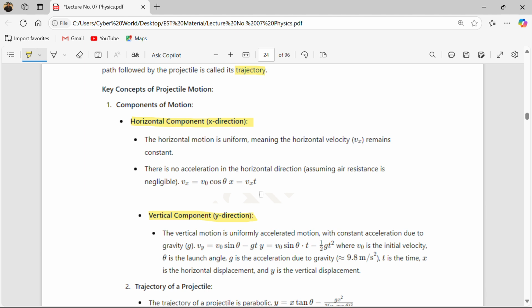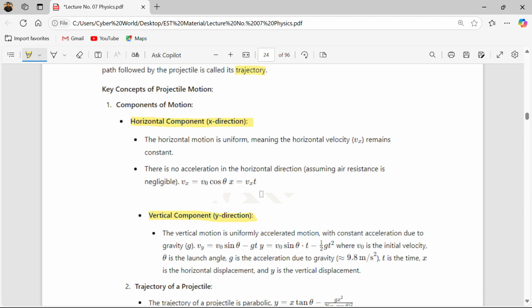There is no acceleration in the horizontal direction, assuming air resistance is negligible. So for the horizontal component of velocity, you use Vx equals V naught cos theta.